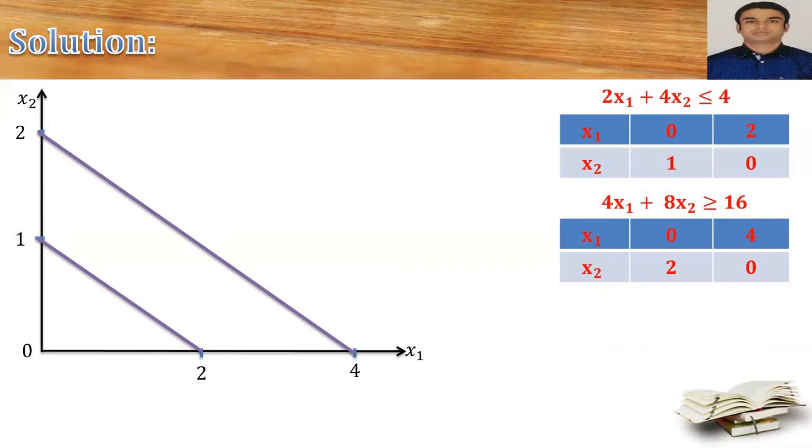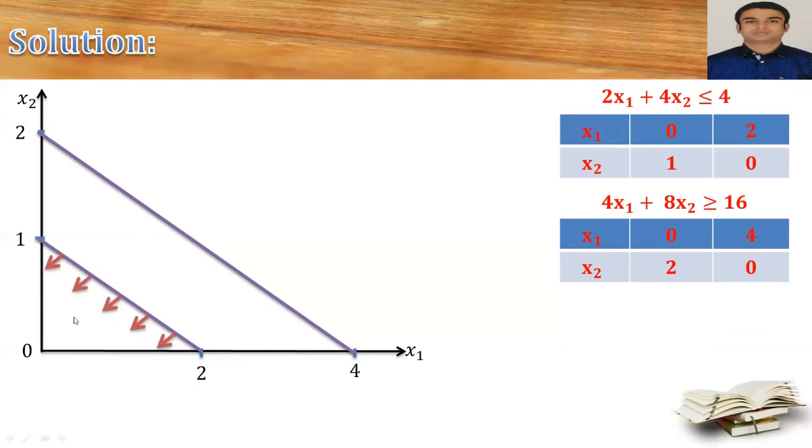Now, the area considered for the feasible region. In the first constraint equation, 2x1 + 4x2 <= 4, the sign is less than or equal to. And I already told you that for less than or equal to, the area considered will be on or below the line, meaning toward the origin.